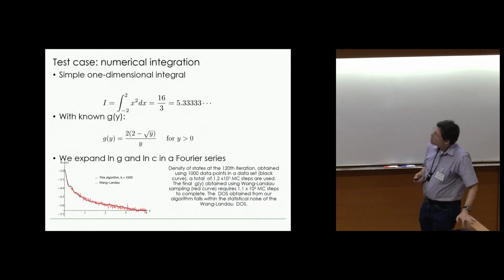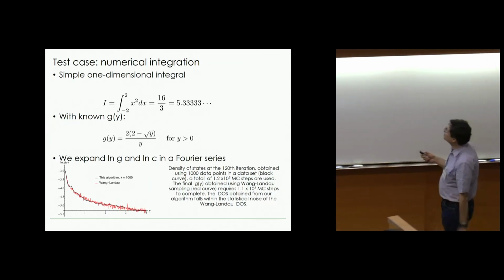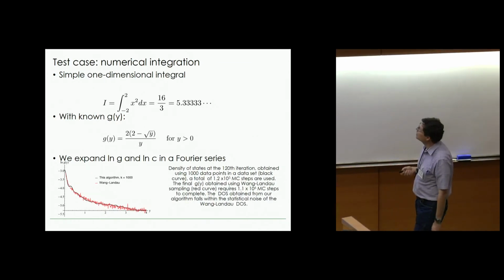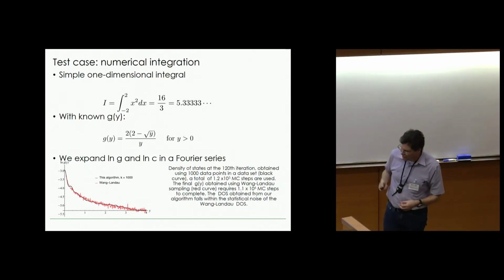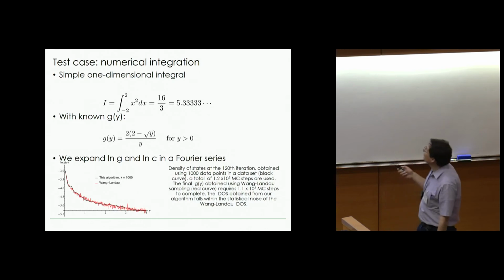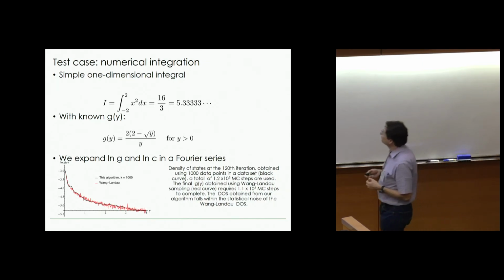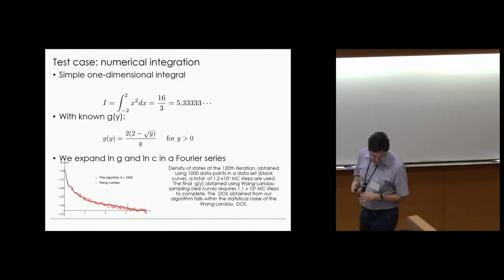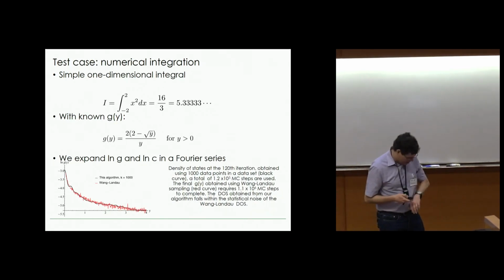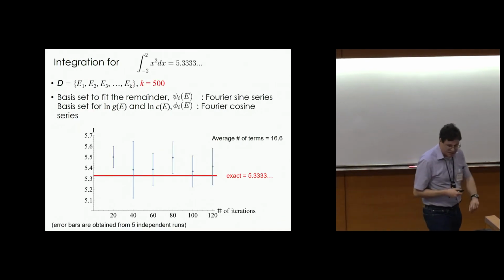If we expand both C and G in terms of sine and cosine functions, we get the same result as Wang-Landau in an order of magnitude fewer steps.